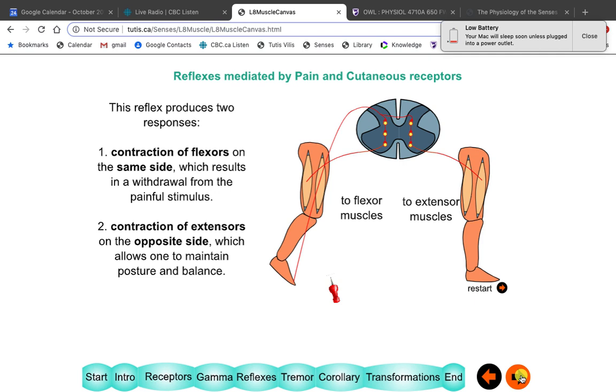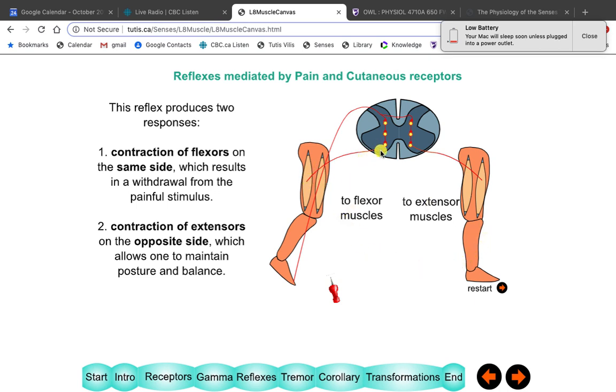The third reflex that I want to talk to you about comes from pain and cutaneous receptors. They involve quite a complex circuit of several neurons in the spinal cord, and also neurons that cross over to the other side and activate a string of neurons, both ending in a motor neuron, or an alpha motor neuron, that will contract a muscle.